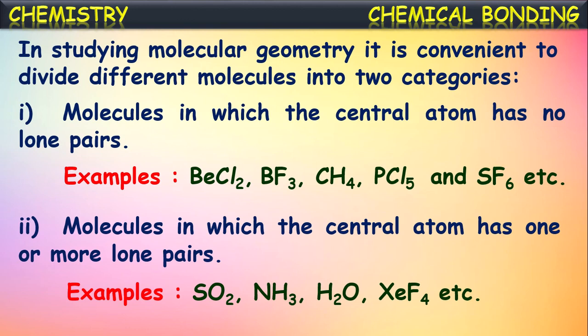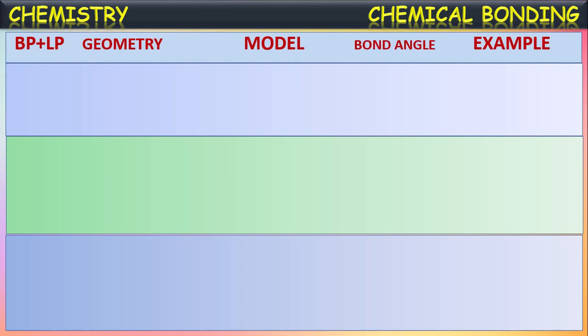First, let us see the molecules which have only bond pairs of electrons without lone pairs on their central atom. Let us try to predict their shapes and even bond angles. First, let us see the molecule with only two bond pairs of electrons without lone pairs. If there are only two bond pairs on the central atom, then the geometry will be linear.